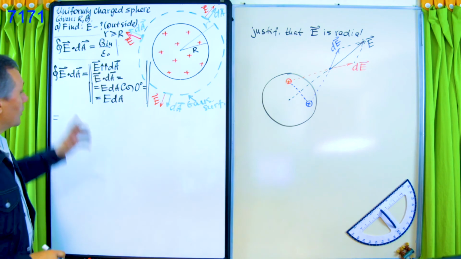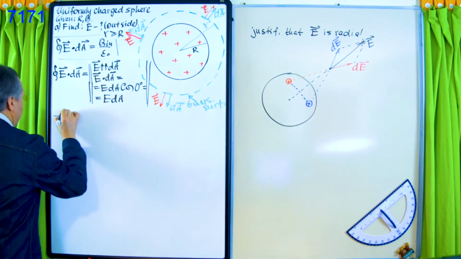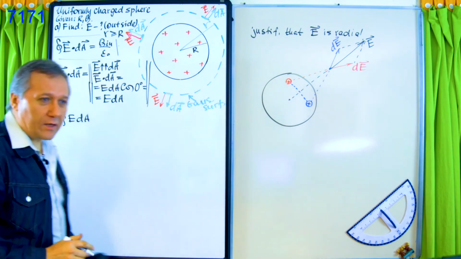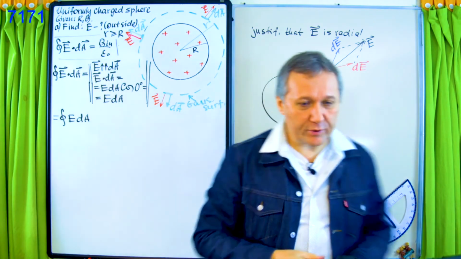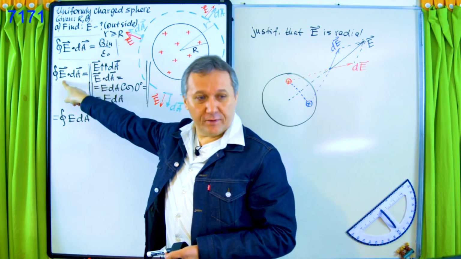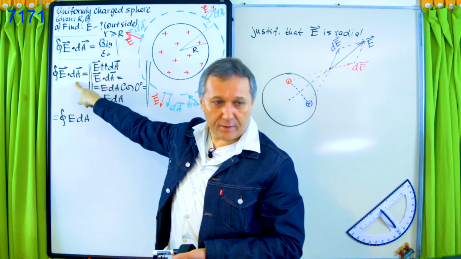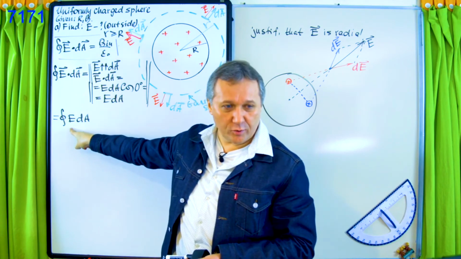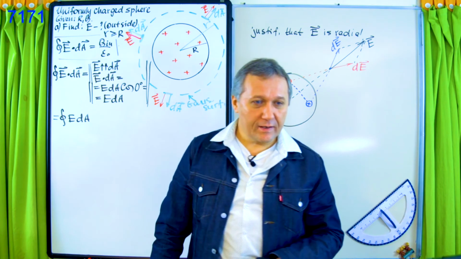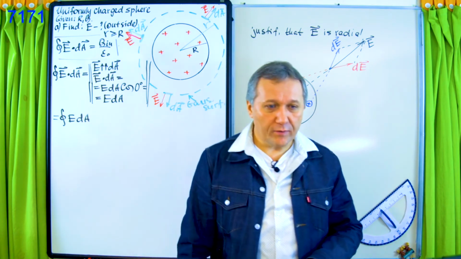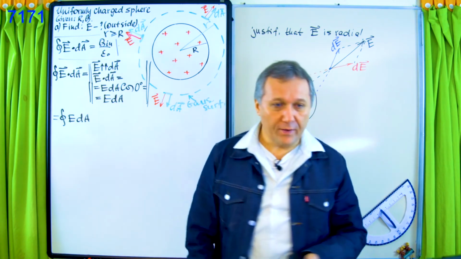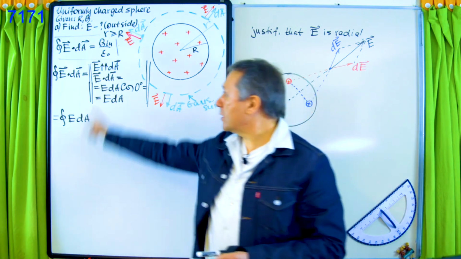E dA. Okay, let me rewrite this integral. It will be E times dA. So what have we achieved in this first step? Here we had vectors: the electric field vector and the area vector. Now we have the magnitude of the electric field, its strength, and dA; again, they are not vectors, they're just magnitudes. So we no longer have vectors. That's the achievement of this first step.